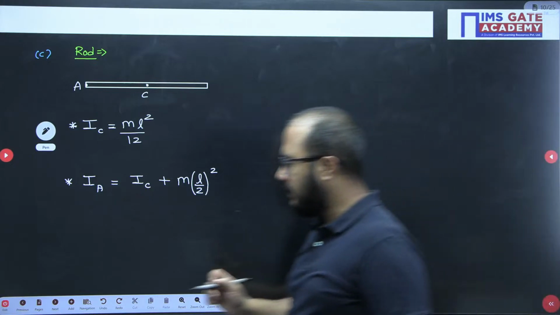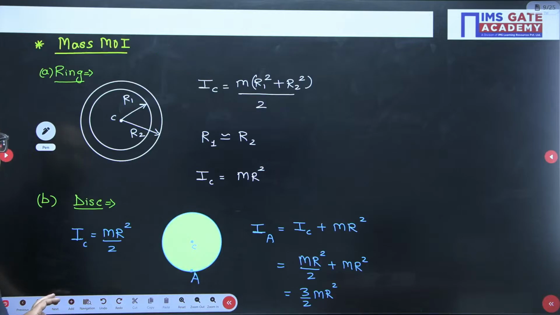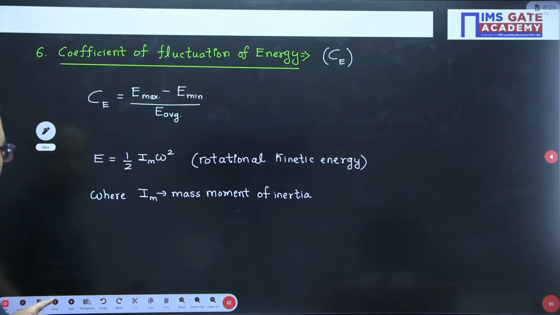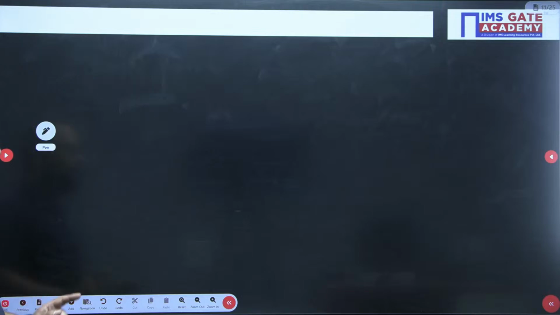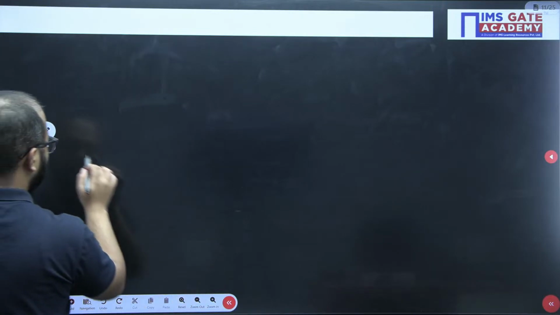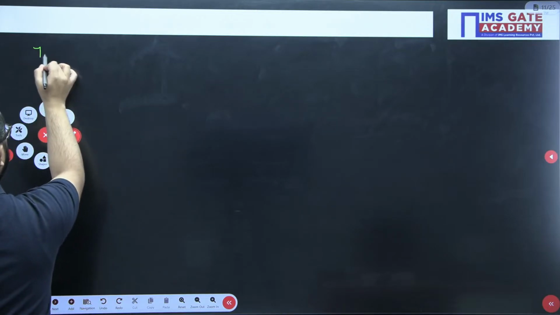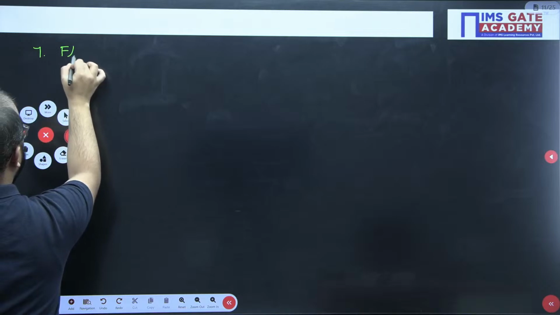So I hope till this point everyone is clear regarding how we should write mass moment of inertia. Now the next parameter that I have to calculate is fluctuation of energy. So parameter number 7, fluctuation of energy.